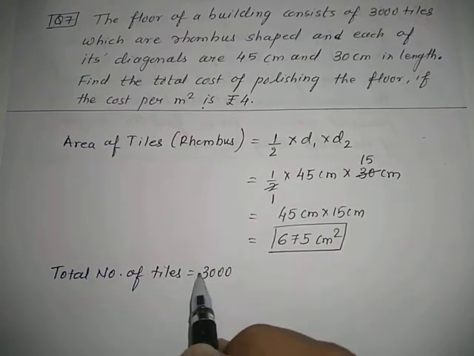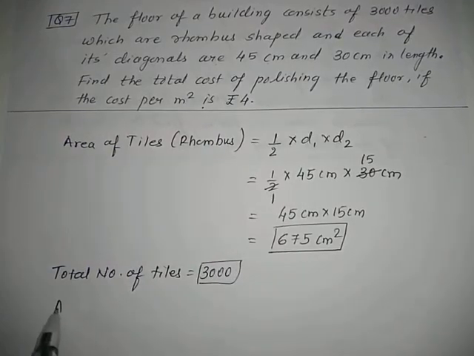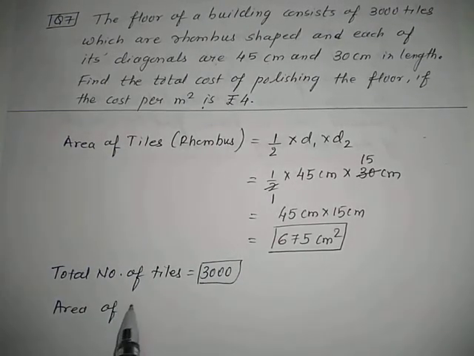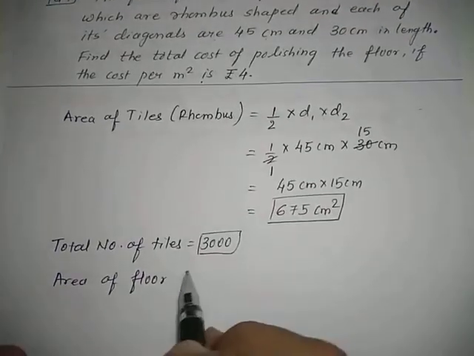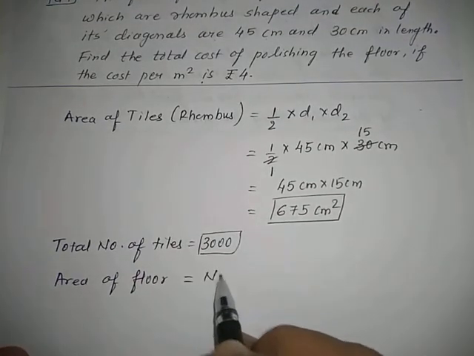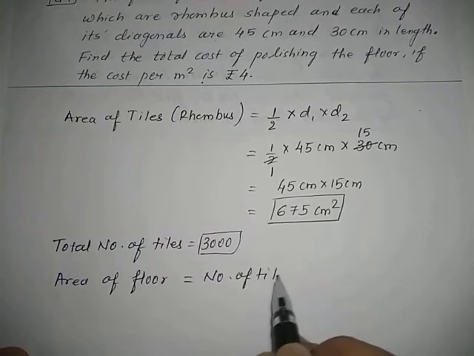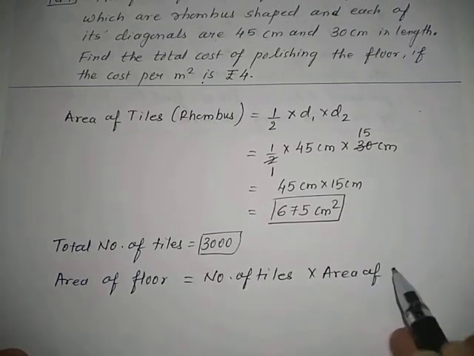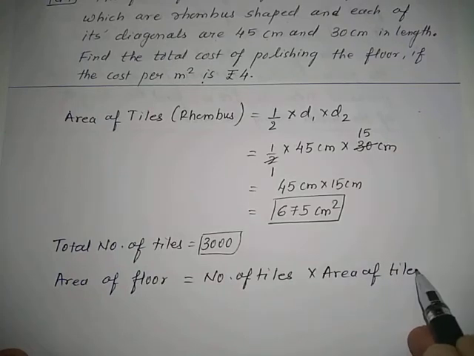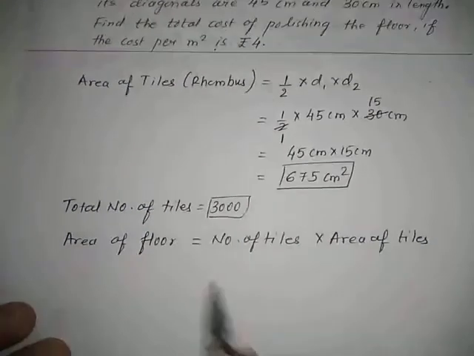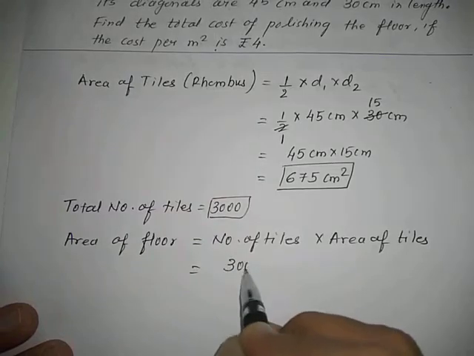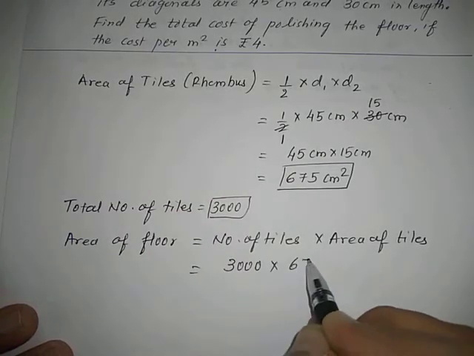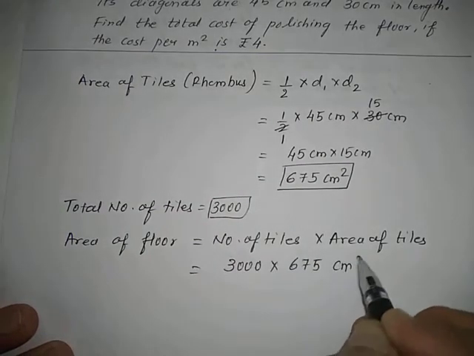Okay, so the area of the floor is equal to the number of tiles multiplied by the area of a tile, that is 3000 multiplied by 675 centimeter square.